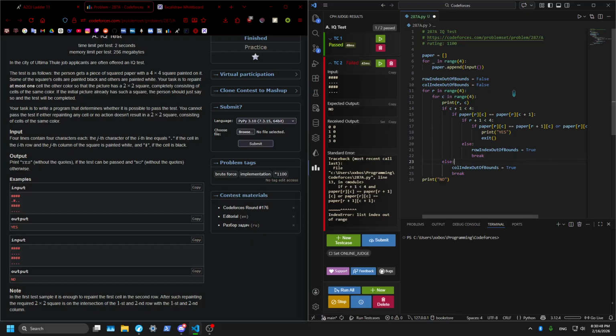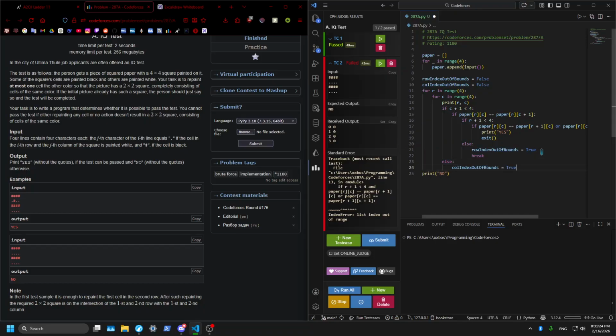And then, wait a minute. Can't we just cut it off at 3-3 and we don't even have to worry about out of bounds? That's smart.